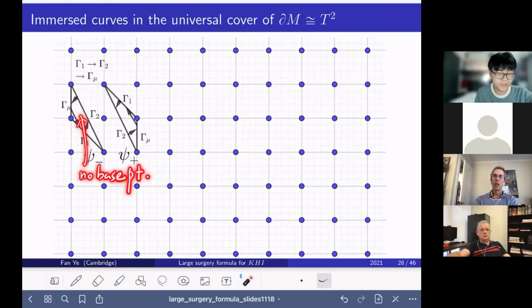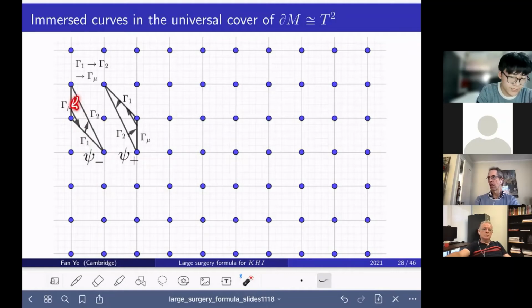Then if we consider the mapping cone of this map, roughly speaking, it is just smoothing the corner here, and we will get a curve that looks like this. This is isotopic to the curve here, and this is the geometric intuition why we have the bypass exact triangle between these three sutures.